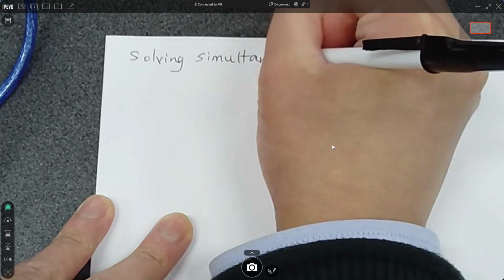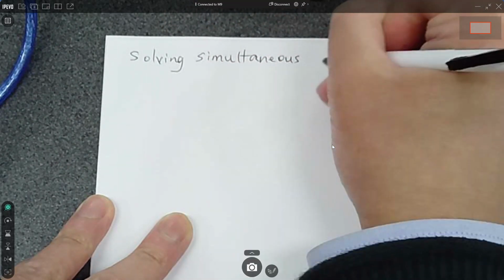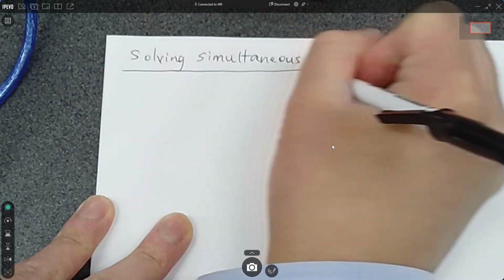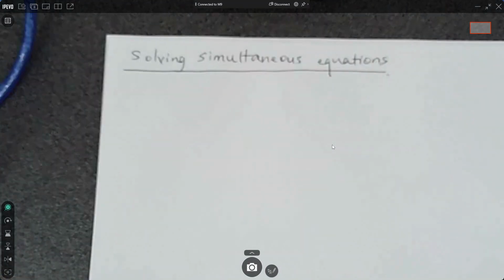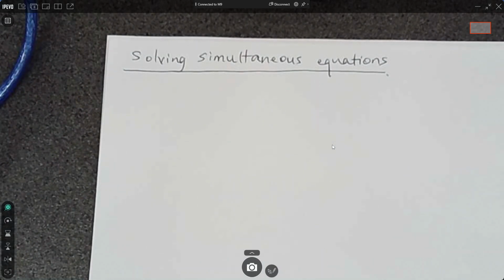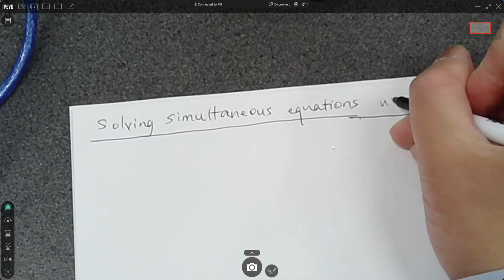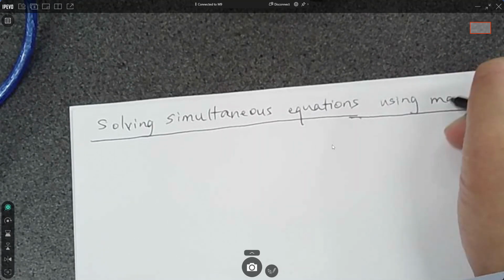When we first met, very early on in the year, we solved simultaneous equations using 3 methods. The first method was substitution, the second method was elimination, and the third method was just using the CAS calculator. Today, we are going to use matrices to do it.